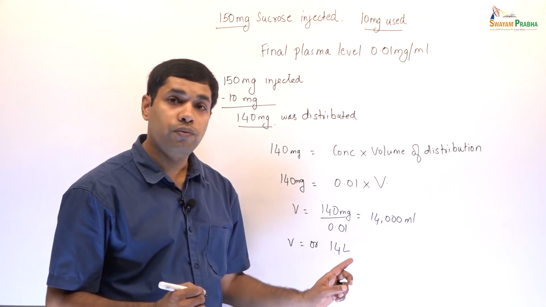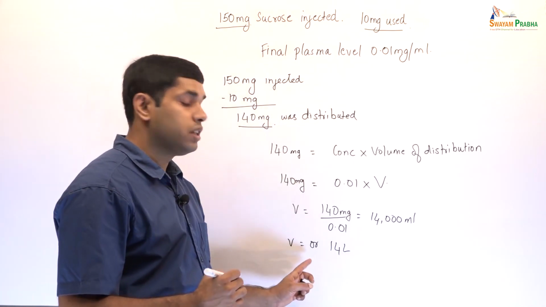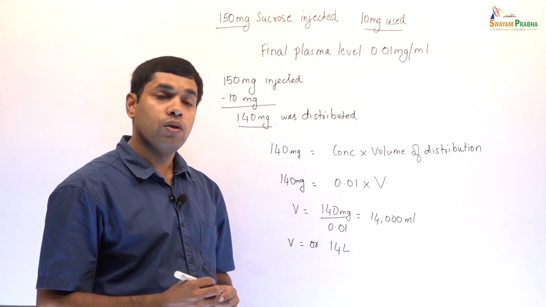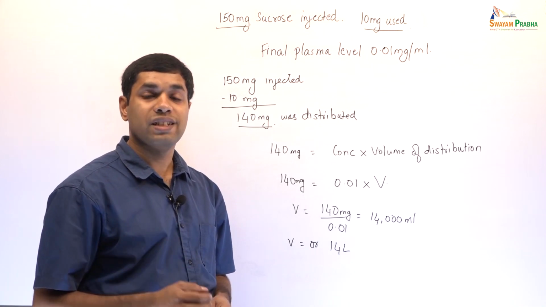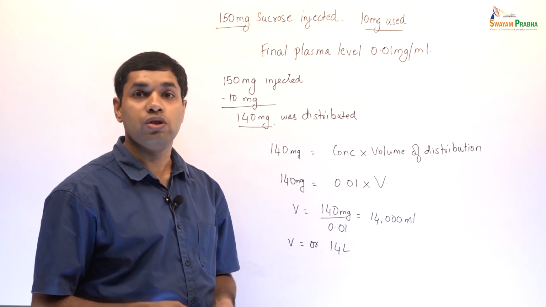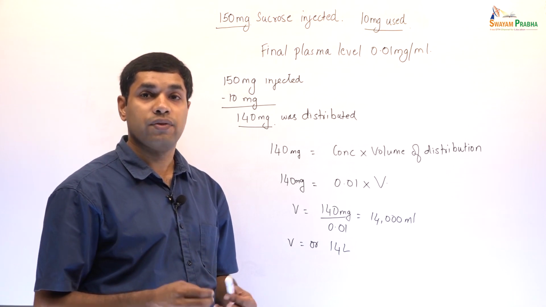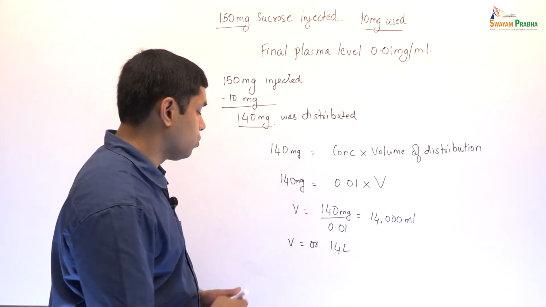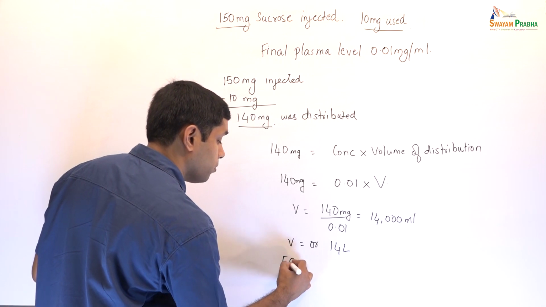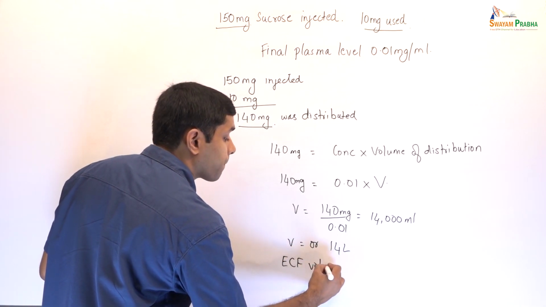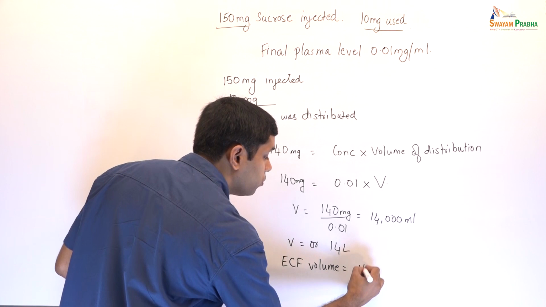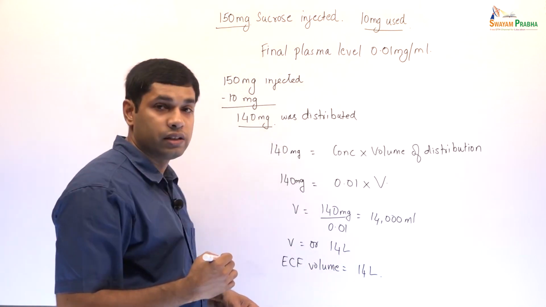So the volume of distribution of sucrose is 14 liters. Now we know that sucrose itself distributes into the ECF space. So we know that the ECF volume is equal to 14 liters.